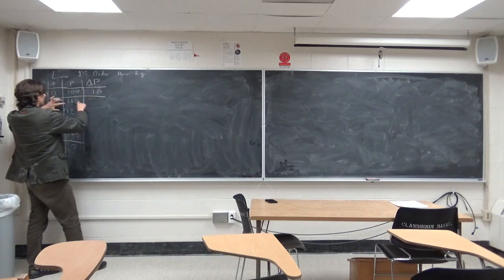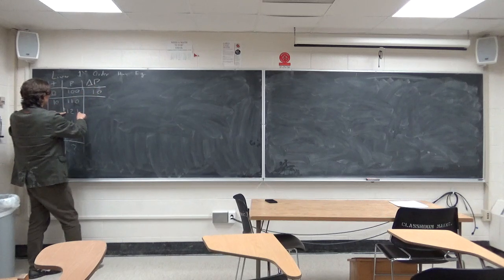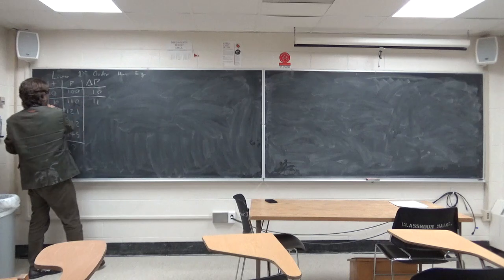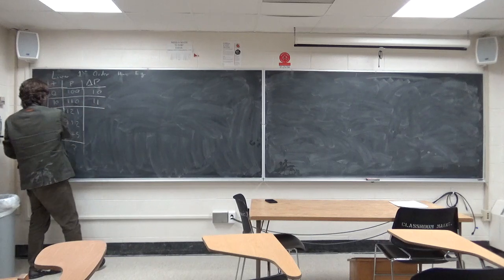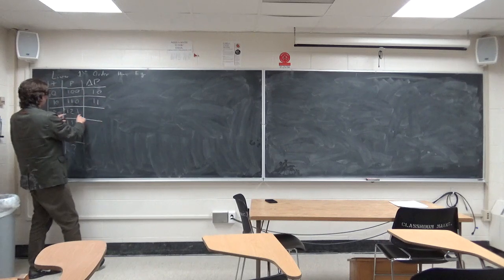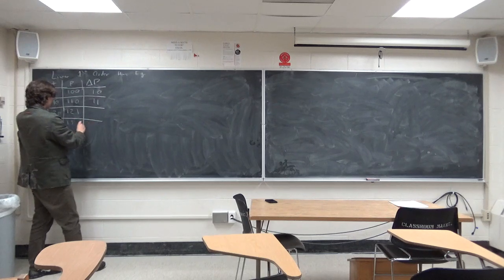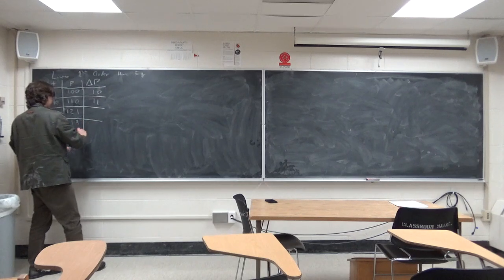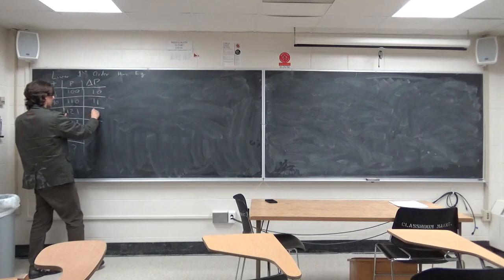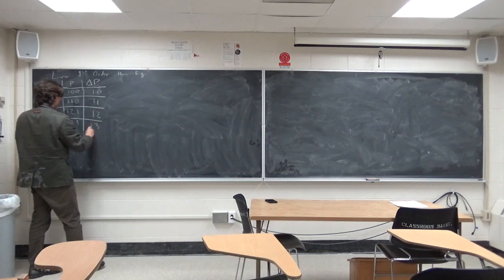Then the next period, I increased by 11. Next after that, I increased from 121 to 132. Oops, I messed up the numbers here. This should be 12, and this is 13.